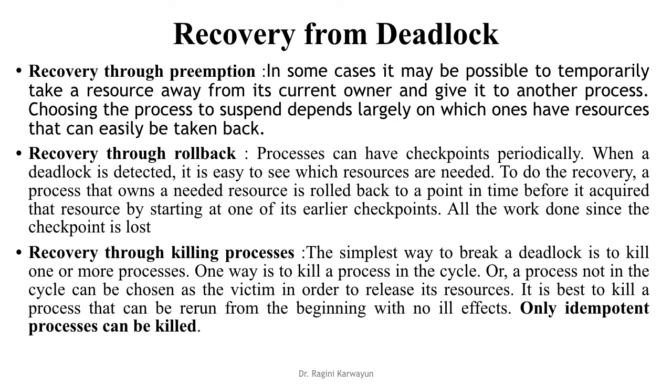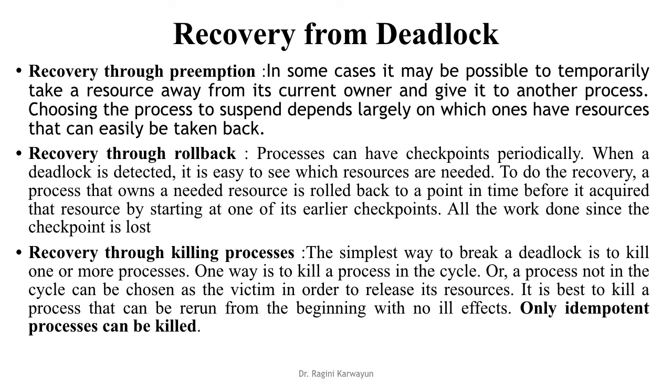Idempotent processes or instructions are those where, irrespective of how many times you execute that instruction, the result will always be the same. For example, I = 5 or C = A + D. If A is 2 and D is 3, however many times you add, it will always be C = 5.